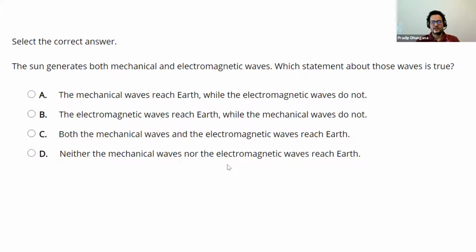Now let's go to the next question. I've already launched the poll. The sun generates both mechanical and electromagnetic waves. Which statement about those waves is true? Think about the difference between mechanical and electromagnetic waves.